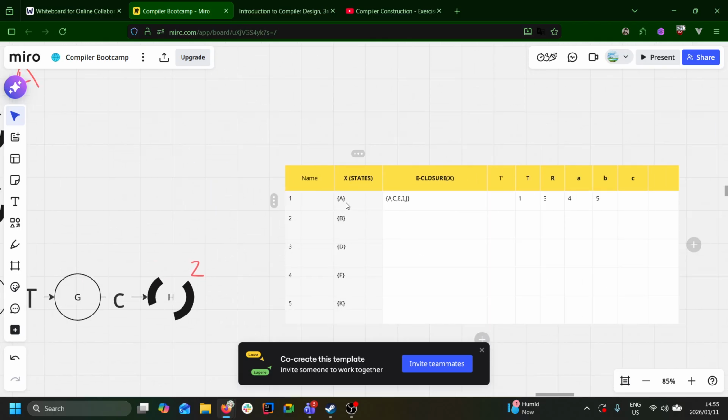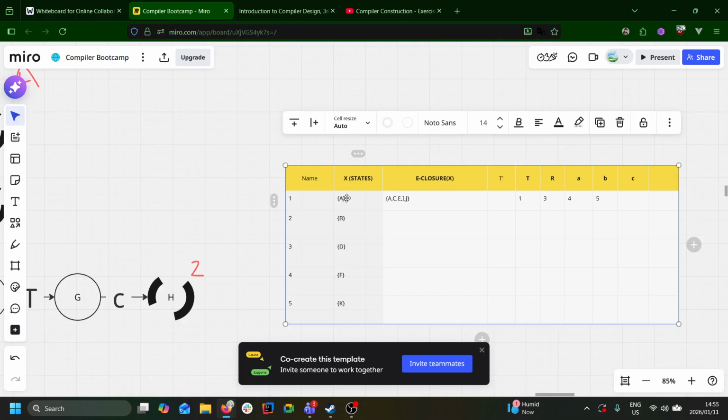So we start off over here with X. When we convert from an NFA to a DFA, we want to remove the non-determinism so that we make it deterministic. The reason for that is time complexity. This method starts off with the start state, and then we group it using the E closure.